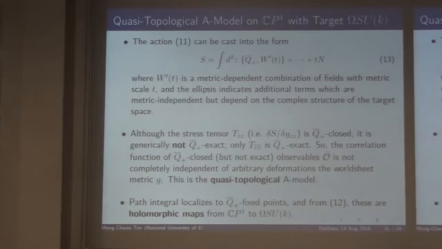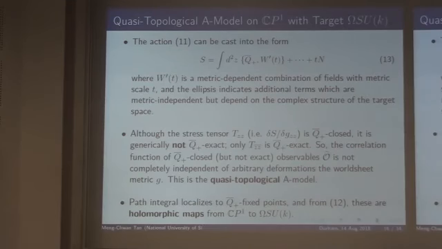So then you analyze this action. You want to find the components of the stress tensor of this action. The holomorphic component means the variation of S with the G z z component of the worldsheet metric.